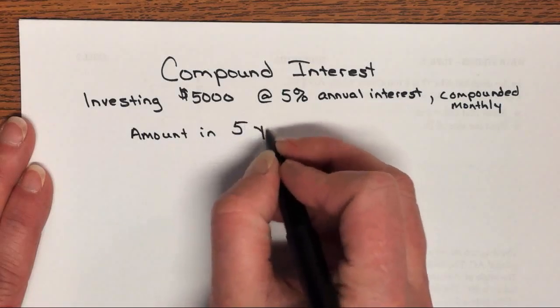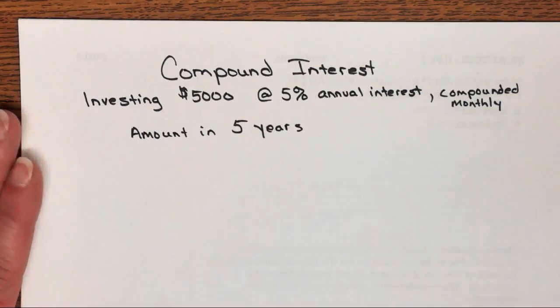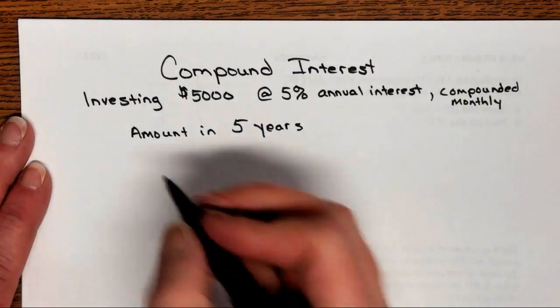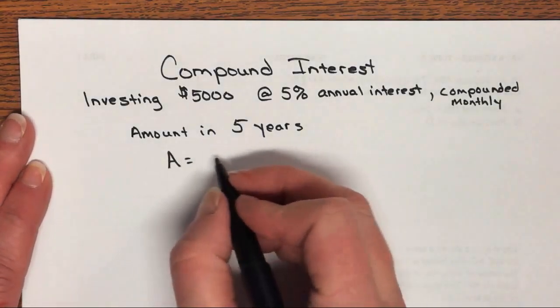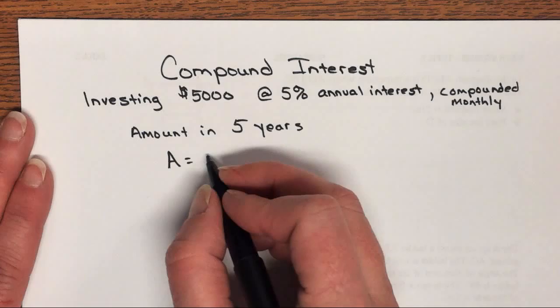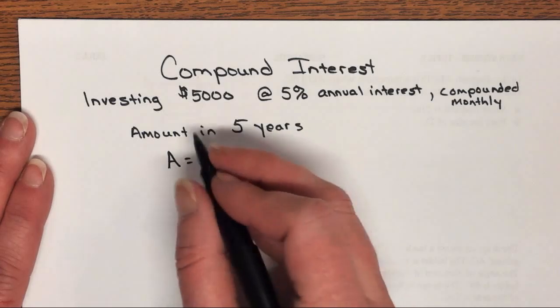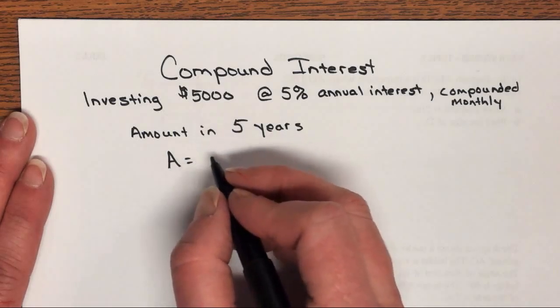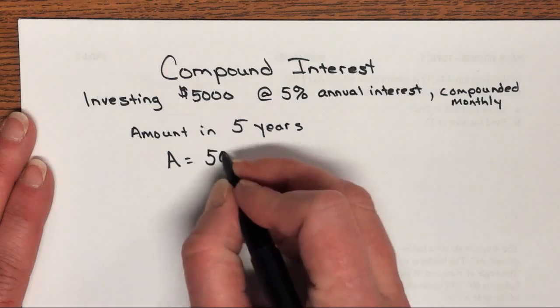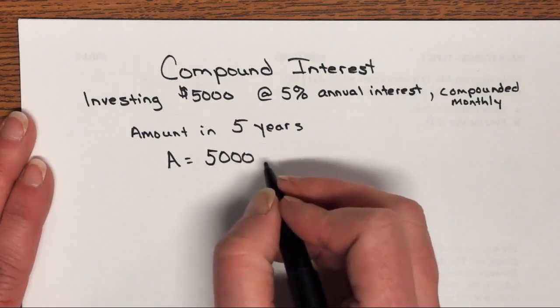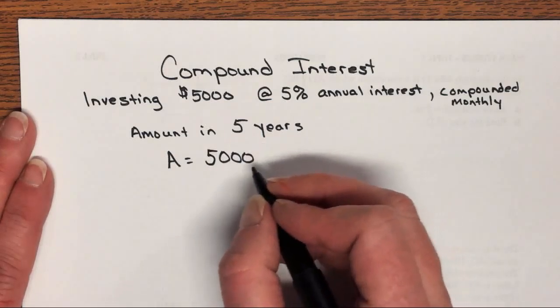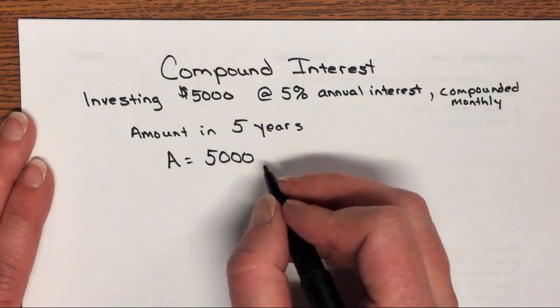We're just going with a whole bunch of fives, aren't we? Amount in 5 years. Okay, so we have our initial investment, and I'm just going to use this example and then we'll write down the formula in a minute. So our initial amount, then we need to figure out what we're going to be multiplying by each time.